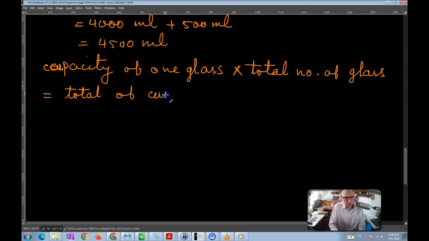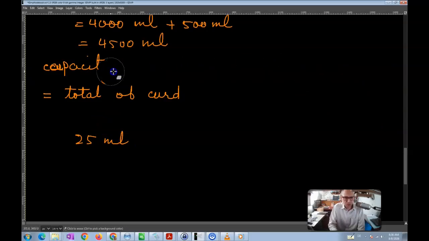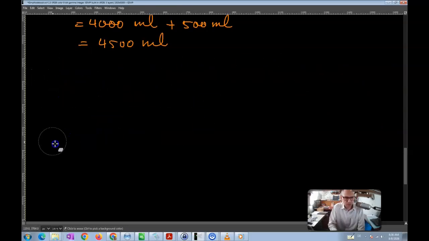You see, the capacity of one glass is, for example, 25 milliliters. If I have one glass, that would be 25 milliliters. Or you can make it even a little simpler to understand if you cannot understand my logic over here.